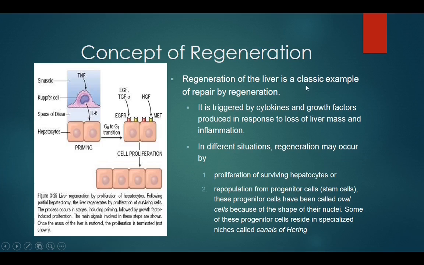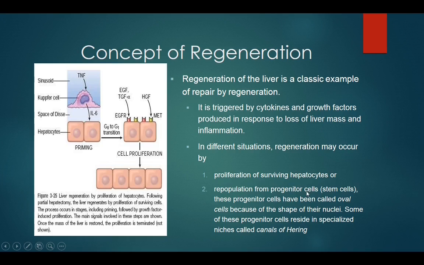Regeneration of the liver is a classical example of repair by regeneration. I told you, it is triggered by cytokines and growth factors produced in response to loss of liver mass and inflammation. In different situations, regeneration may occur by proliferation of surviving hepatocytes. Whatever hepatocytes survive will try to divide by mitosis and regenerate the other part of the liver, and also by repopulation from progenitor cells.